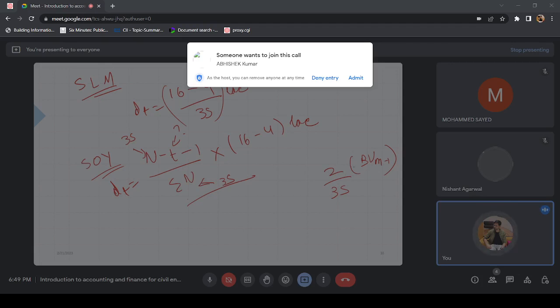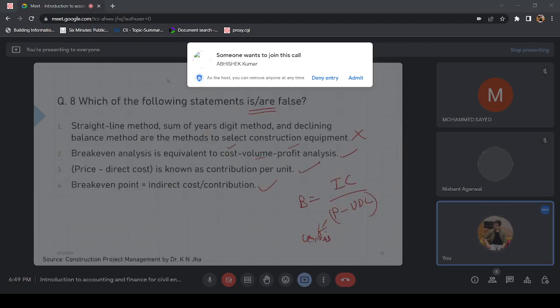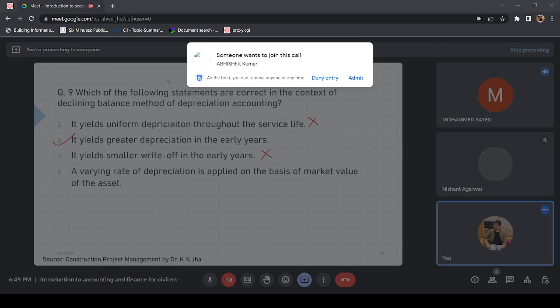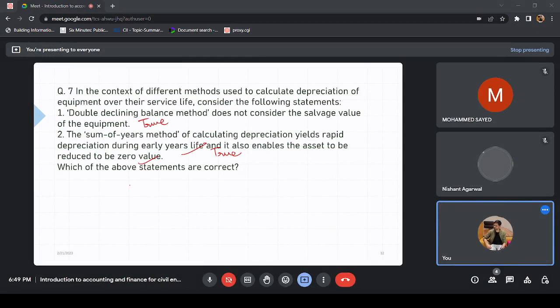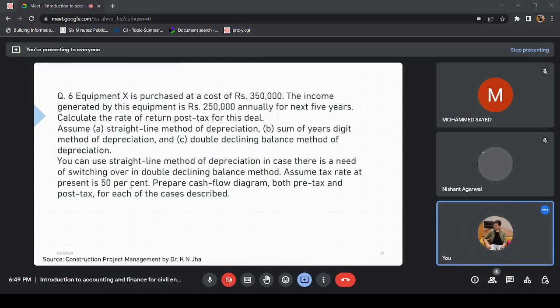The rate by which it is decreasing, this factor is uniform, but the value is different. But in SLM, the value itself is same. Did you get the point? Okay. So there is no varying rate of depreciation, and basis of market value of the asset. We had a discussion on this also. Why not? So coming to a detailed question for this.